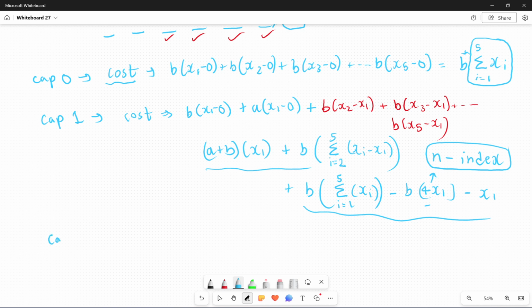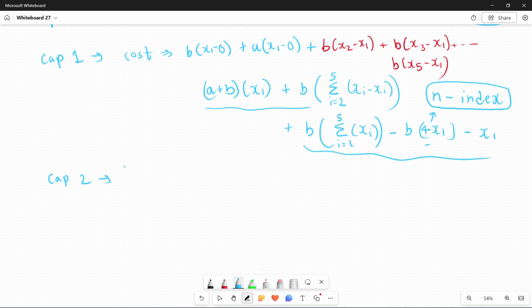What about the capital at city 2? This is the cost to move the capital to x1. So what will be the cost of conquering and then moving the capital till x2? It will be a plus b into x1 plus x2.